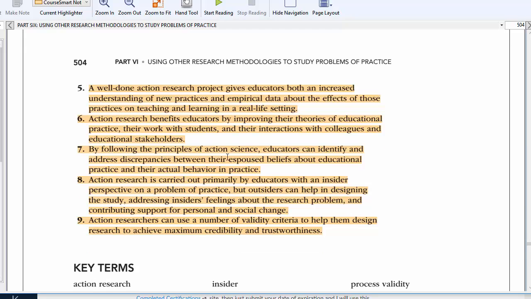Item 7, by following the principles of action science, educators can identify and address discrepancies in their espoused beliefs, what you think is going on, what you're maybe even certain is going on, and relate that to the actual behavior. And they talk about looking at your microteaching and observations, maybe observations by others and recording what's going on, because sometimes we really are certain we are asking questions that are higher order, when in fact we're really not.